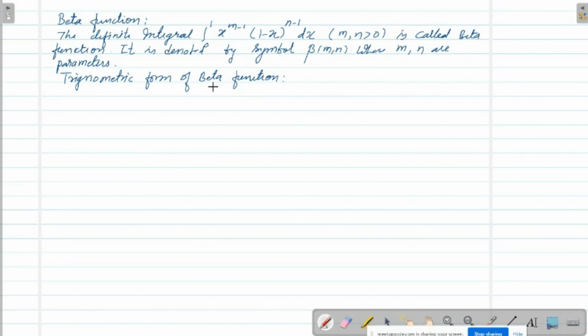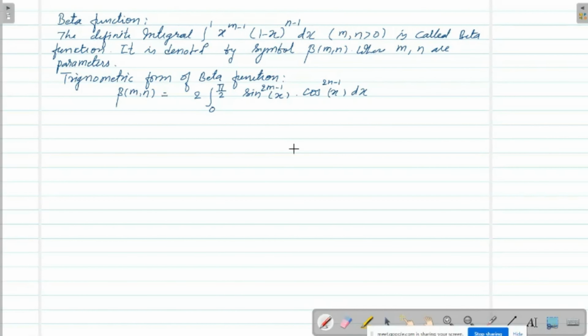Beta of mn equals 2 times integration of limit 0 to pi by 2 sine raised to 2m minus 1 x into cos raised to 2n minus 1 x dx. This is the trigonometric form of beta function.